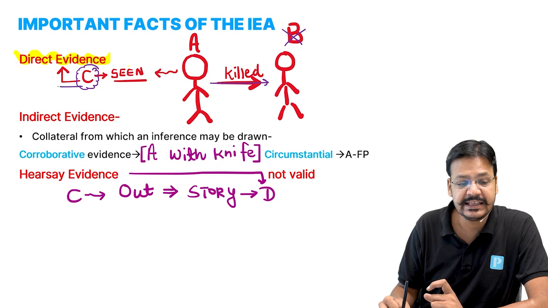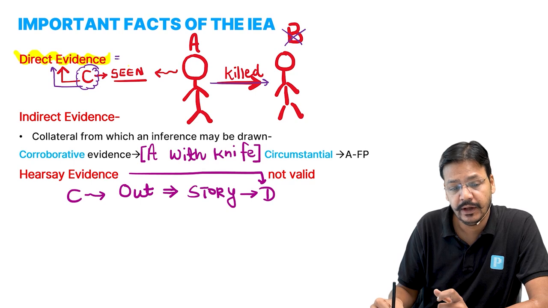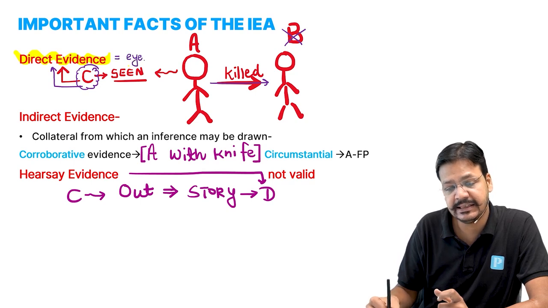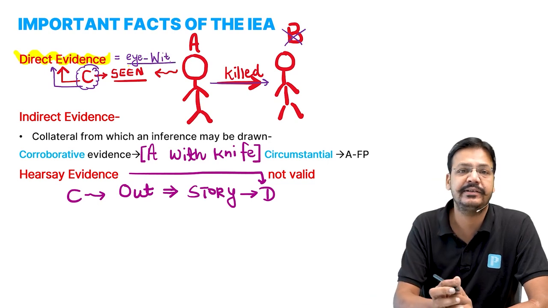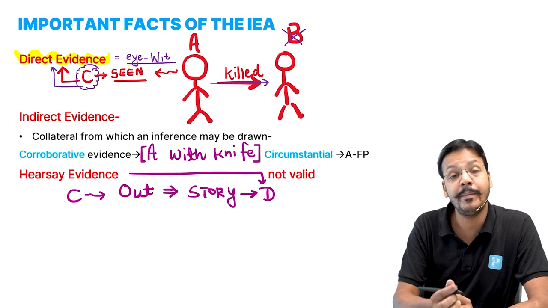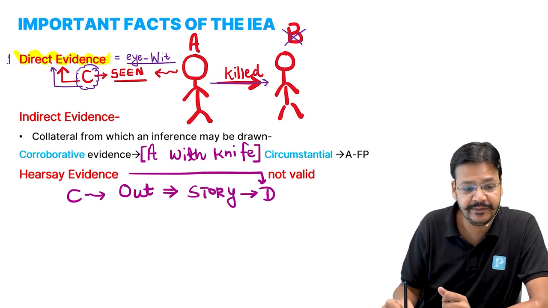So C is an example of direct evidence. And I already told you, C is an eyewitness. So direct evidence is an eyewitness or common witness.